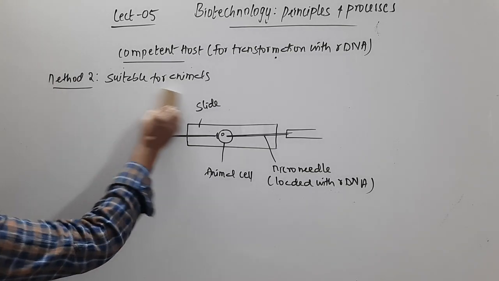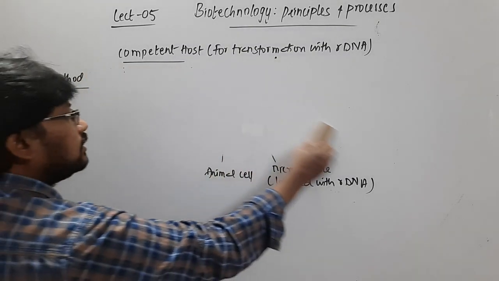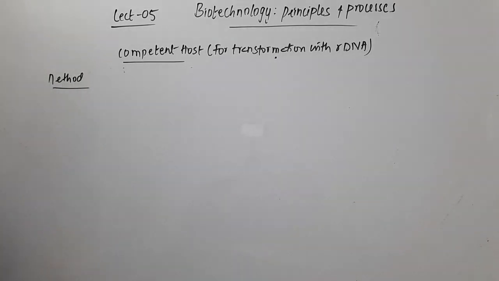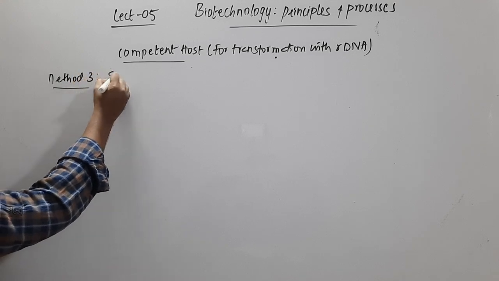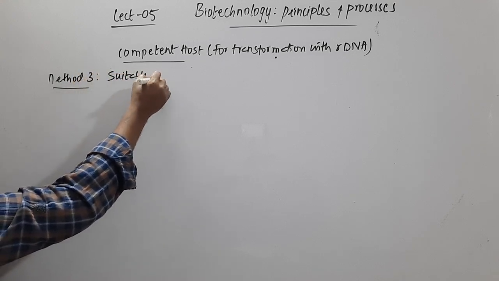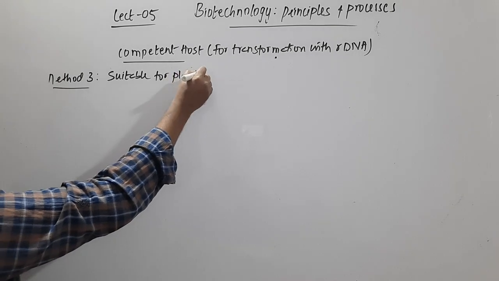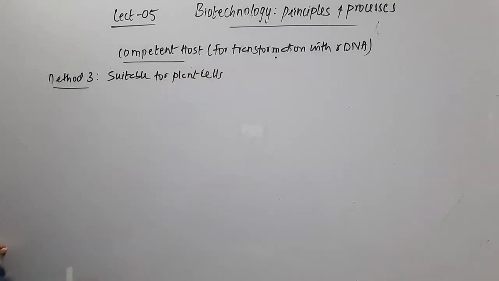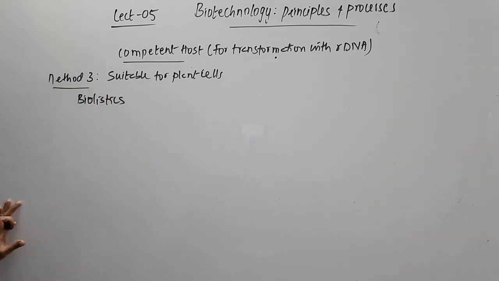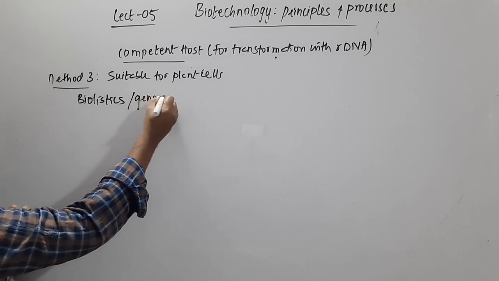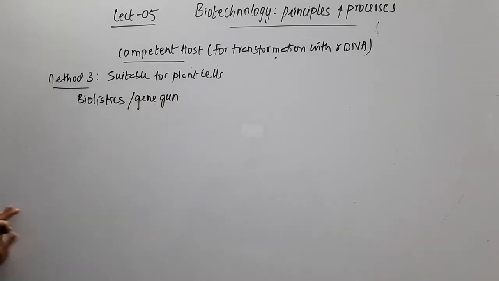Then next we'll see another method, method 3. This is suitable for plant cells. This method is called biolistics, or simply a gene gun.